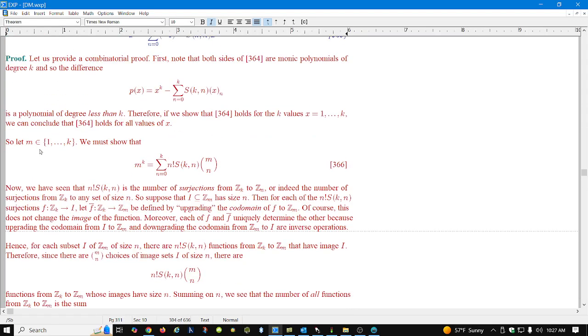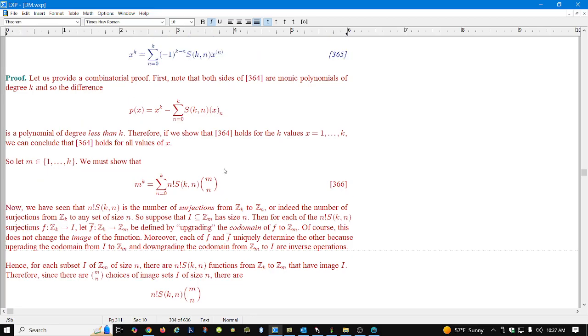So we can let m be one of these numbers, 1 through k, just an arbitrary number, and show that this holds. And I've taken the liberty of rewriting this a little bit, and you'll see why in a minute. Instead of x lower factorial, well, let's say m lower factorial n, I've got m choose n, so I have to multiply by n factorial. And the reason is because we're already familiar with this.